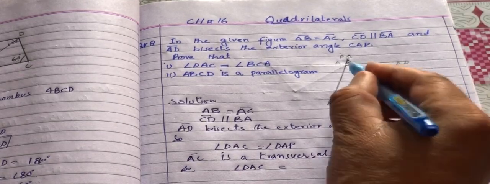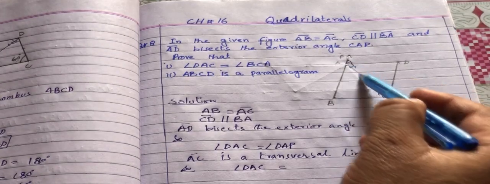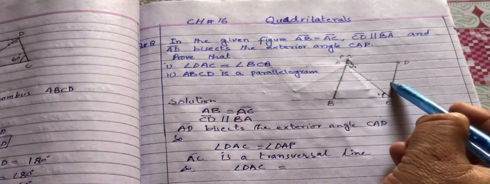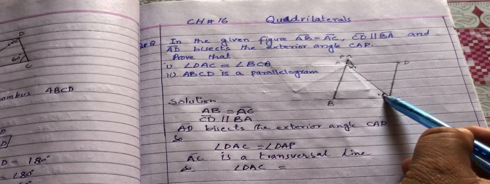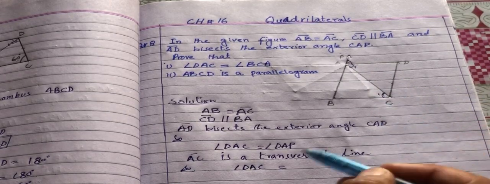This angle and this angle will be equal to each other because this transversal line cuts these two parallel lines. So these two angles are equal to each other because they are alternate angles.